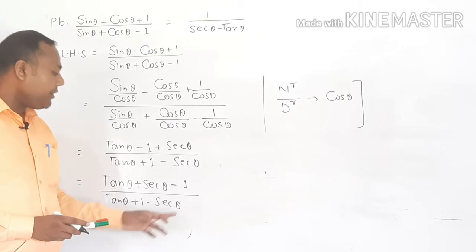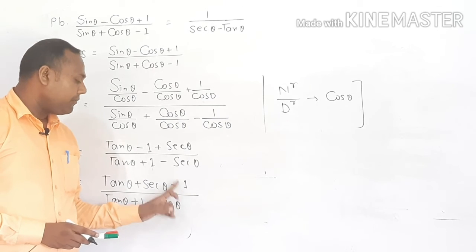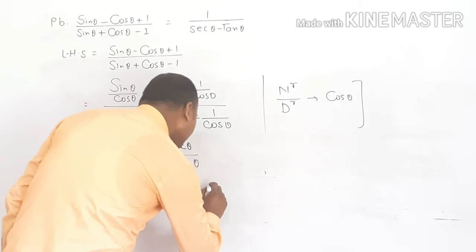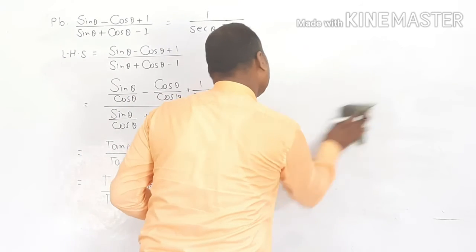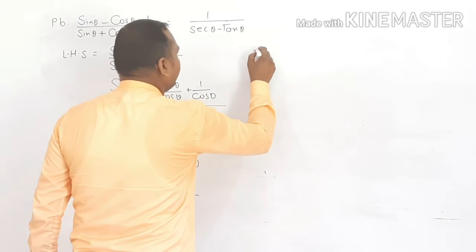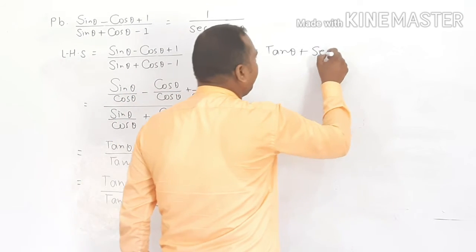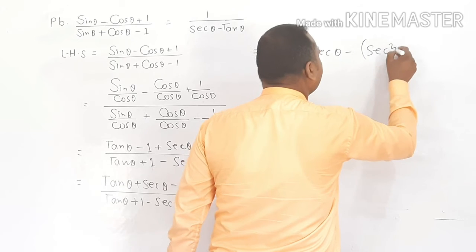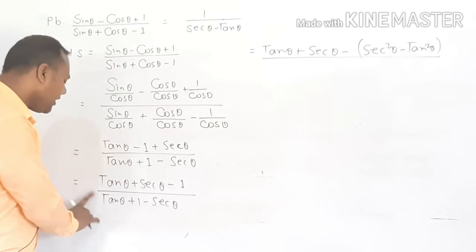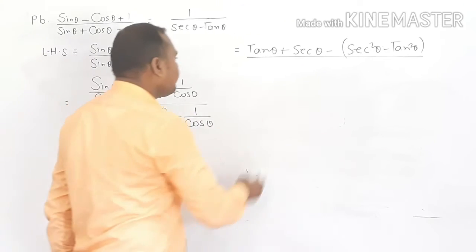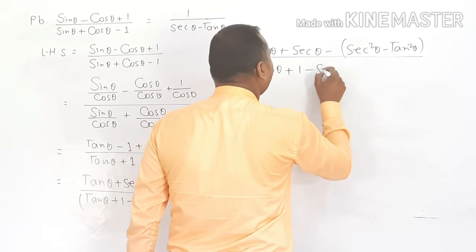According to the previous question, we will use sec² θ − tan² θ for 1. So the numerator will be tan θ plus sec θ minus (sec² θ − tan² θ), divided by, we can't change the denominator, it is written the same way, tan θ plus 1 minus sec θ.